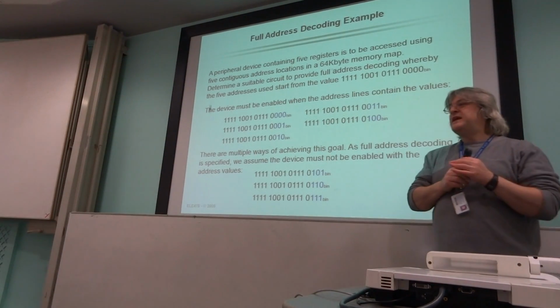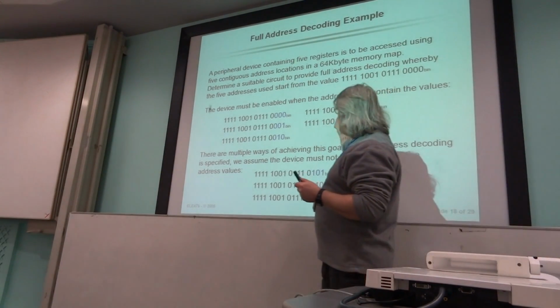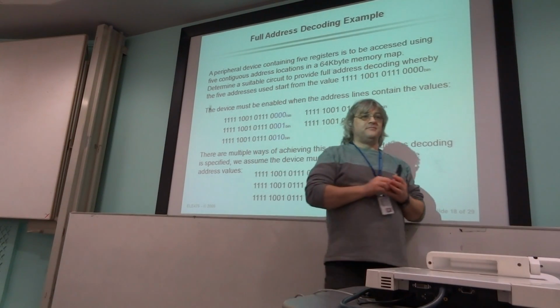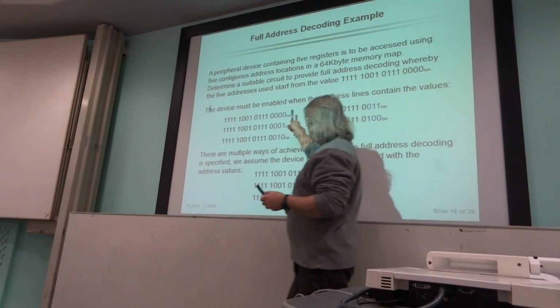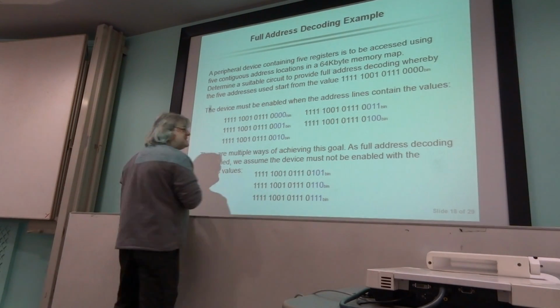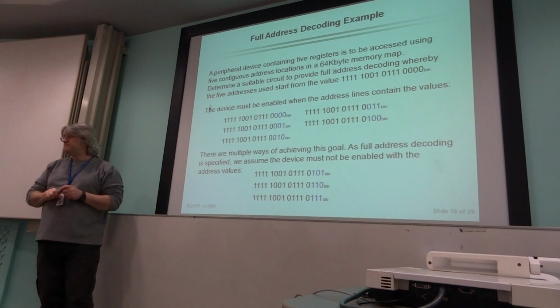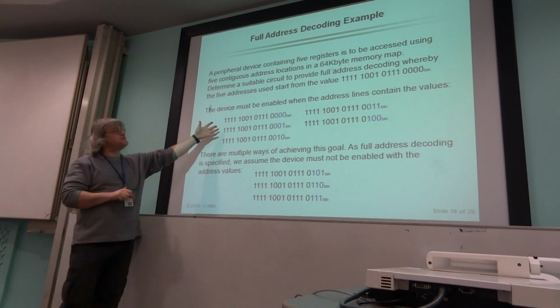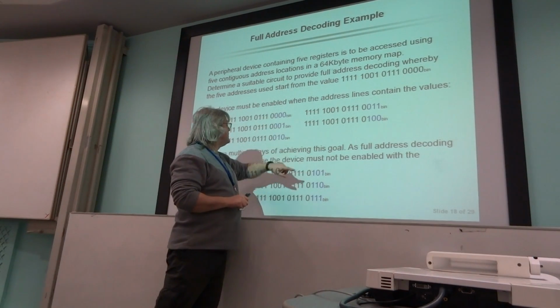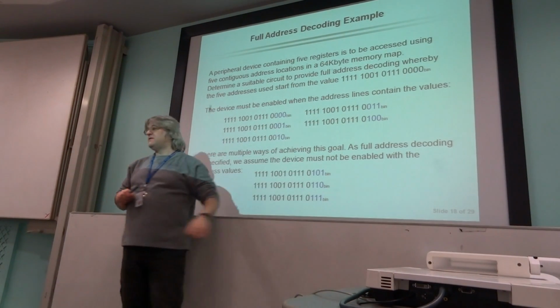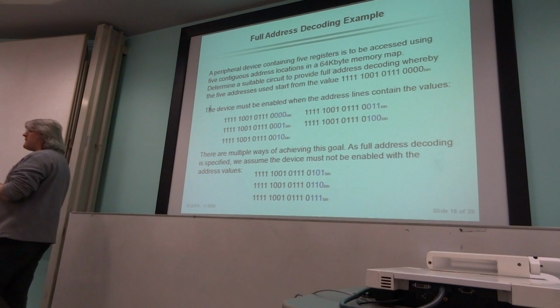This device is only allowed to be awake for 5 combinations of address value. They tell you precisely which 5 address values this device is meant to be awake for. It has 5 internal registers, as you can see, so we've got 1, 2, 3, 4, 5 values.